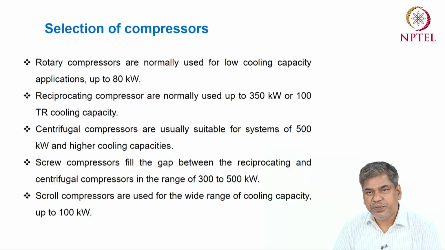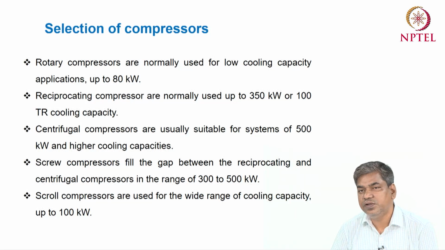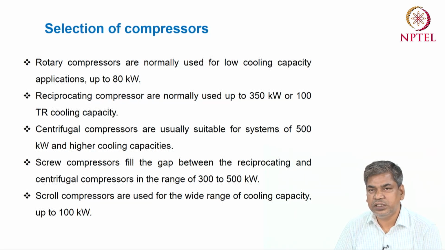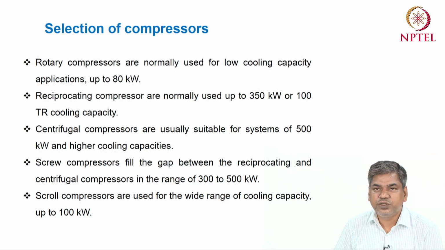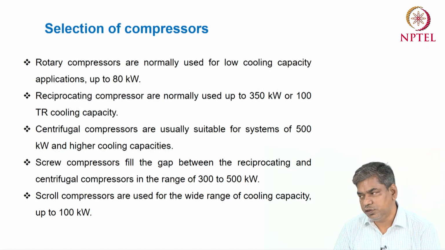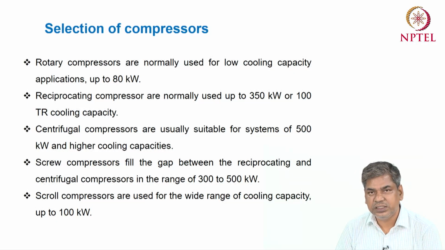And the scroll compressor is basically the newly developed compressor as compared to the other compressors. So that's why the scroll compressor has been developed for a wide range of cooling capacity. In general, for the medium range, scroll compressors are widely used, like in commercial applications. The scroll compressor is the most suitable compressor for those applications.